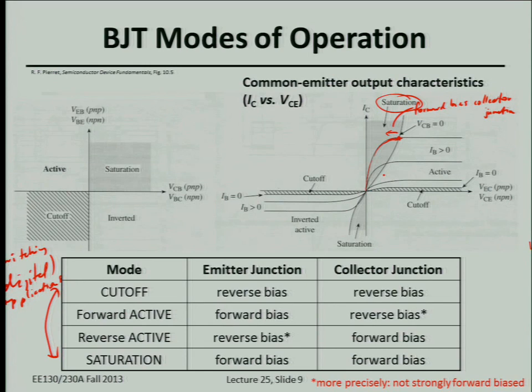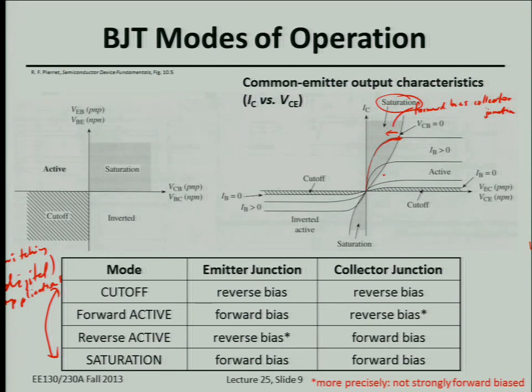Now, when you have a switch, I'm just going to draw a little cartoon of a switch. Let's say you have some output voltage. When the BJT is turned on, you want it to act as a closed switch. If you have an ideal switch, what is the voltage drop across the closed switch, ideally? 0.